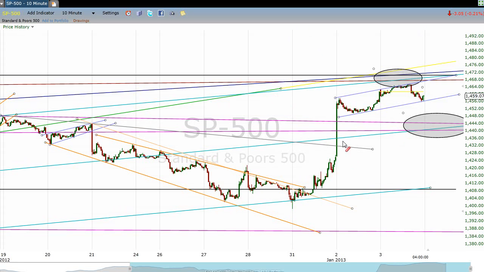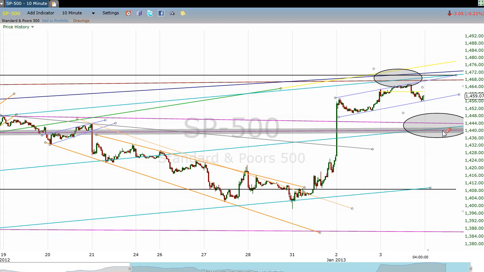Now we have a gap up and now we still have some buyers here, but oftentimes when this bottom line breaks, it produces a fairly sizable move back down.